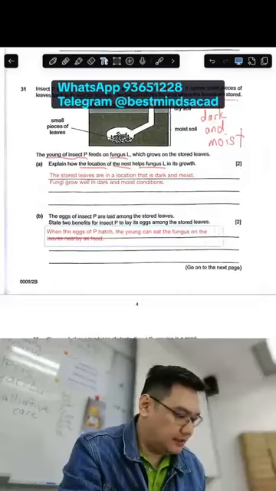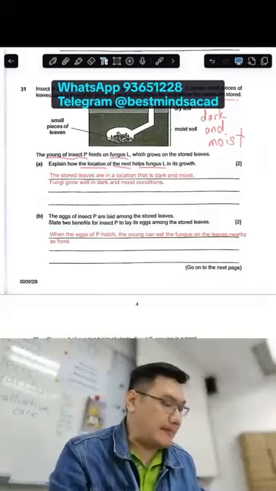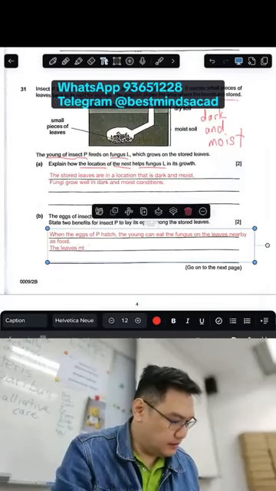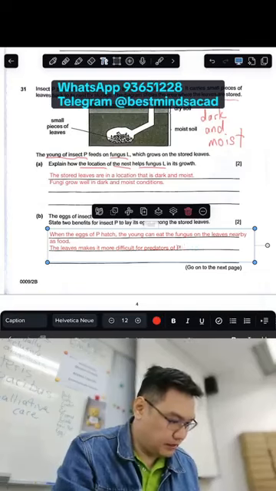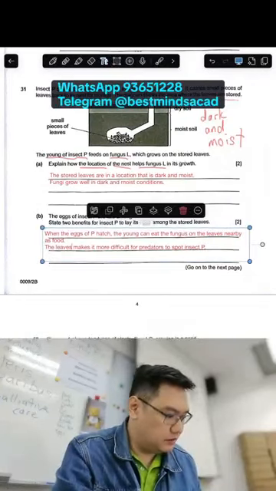What is the second advantage? To lay the eggs among the leaves. The leaves make it more difficult for predators of P to spot the young of P. So it makes it more difficult for predators to spot them, or the leaves act as a cover.